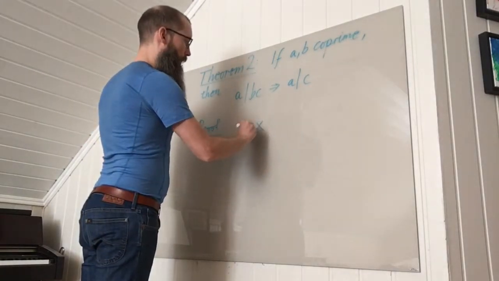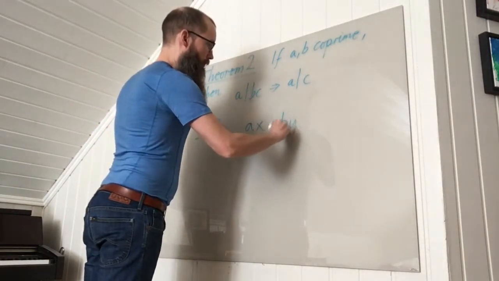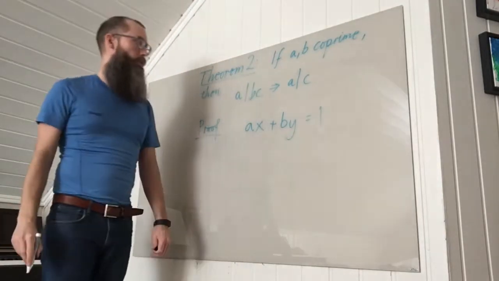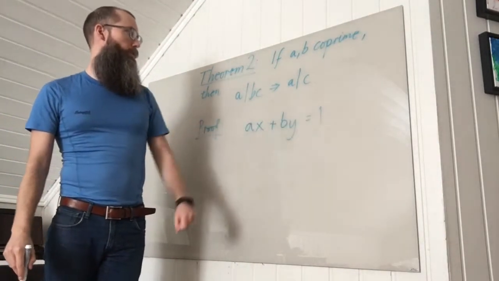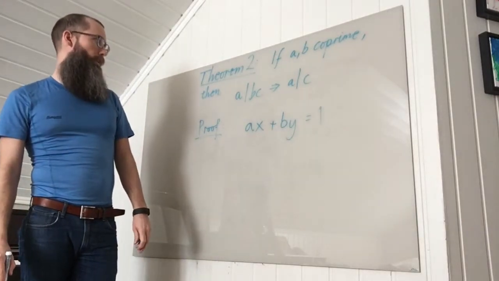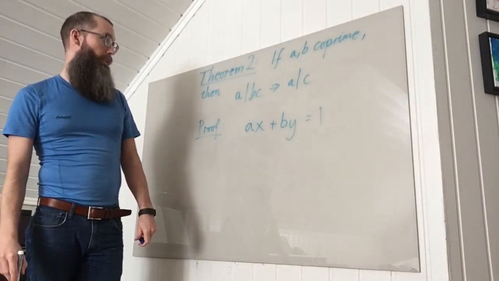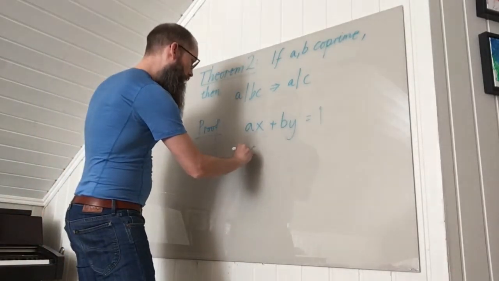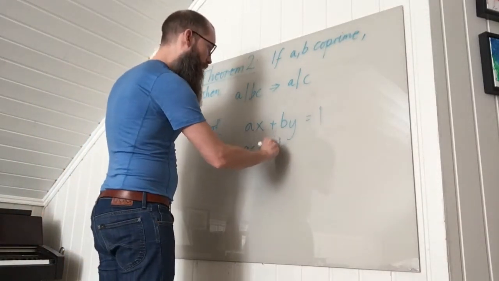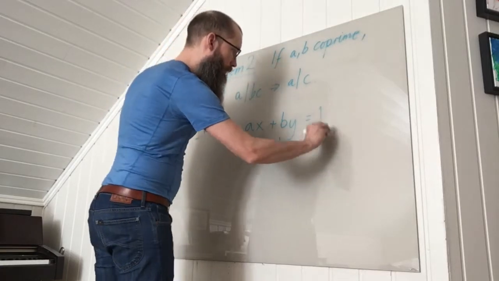So there are some x and y so that ax plus by is 1. Now I'll multiply through by c. So I get acx plus bcy equals c.